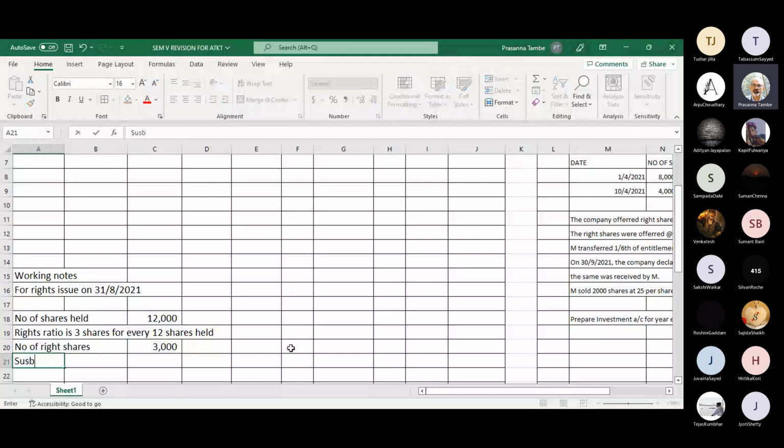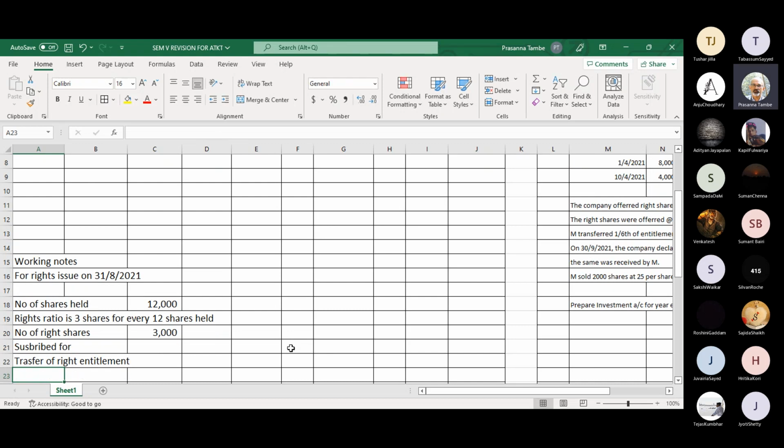He subscribed for part and transferred the rights entitlement. It says 1/6 he has transferred.